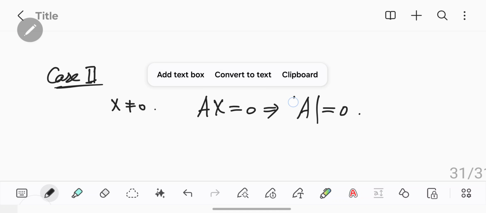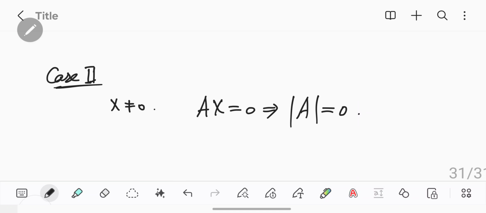Okay, since the determinant of A is 0, this means in this system, this x can be arbitrary non-zero element. So that means the point P of xy lies on the line.